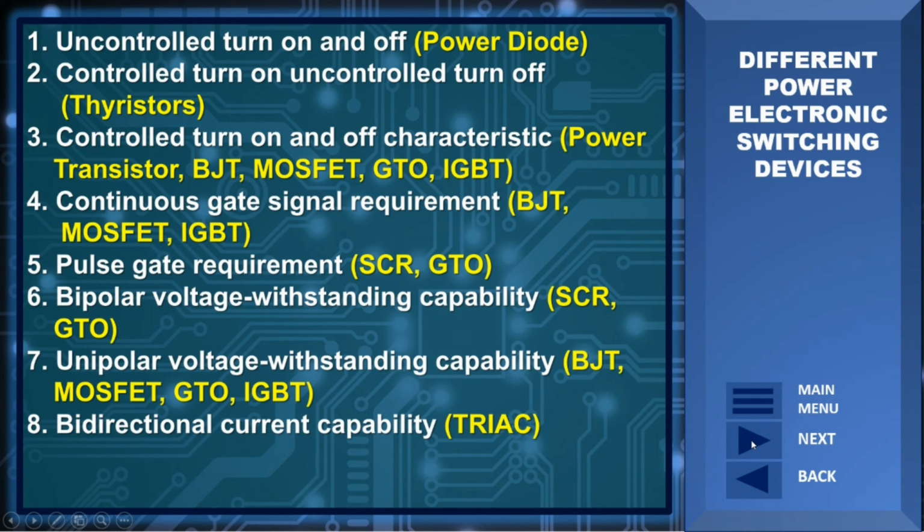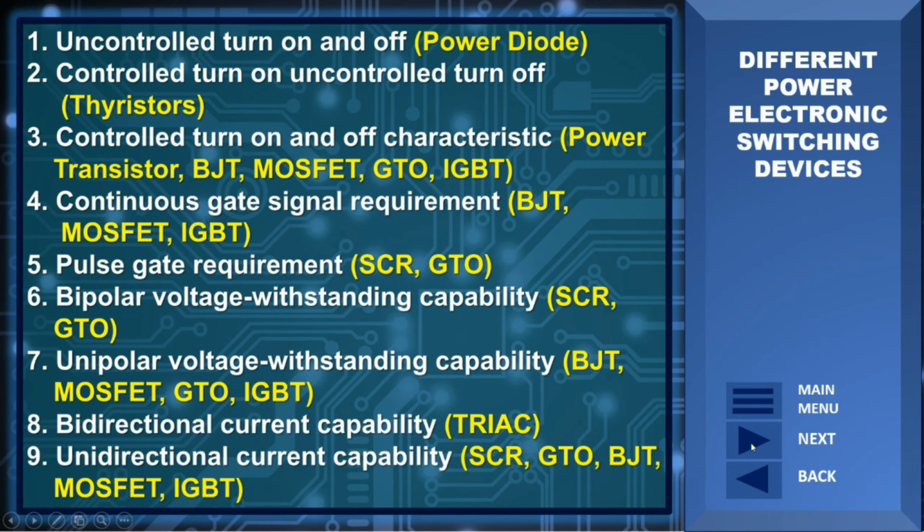Bidirectional current capability, which is the triac. Unidirectional current capability, such as SCR, GTO, BJT, MOSFET, and IGBT. These are the most important types of power electronic devices which are required for the construction of a power converter.